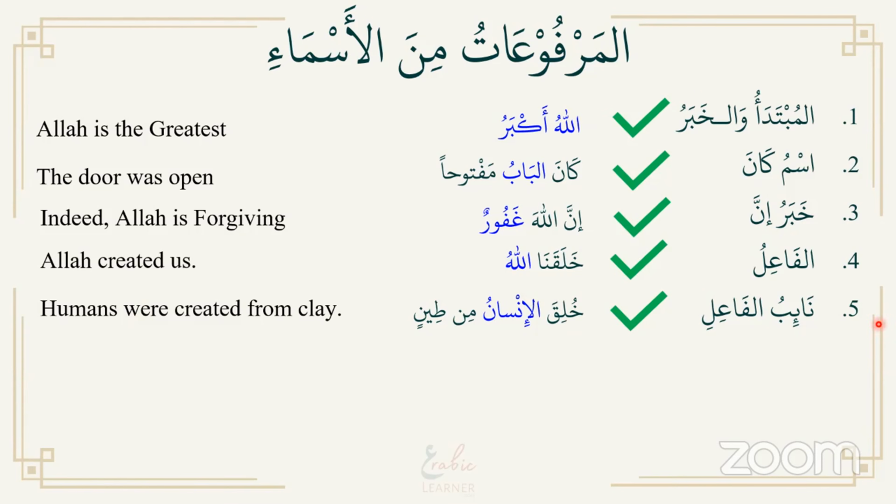Here we finished the marfuat that the author explained in his book. There are a few more marfuat. Inshallah, we will talk about them after we finish the categorization of the marfuat, mansubat and majrurat by the author, and then we will talk about some extra ones also, inshallah.